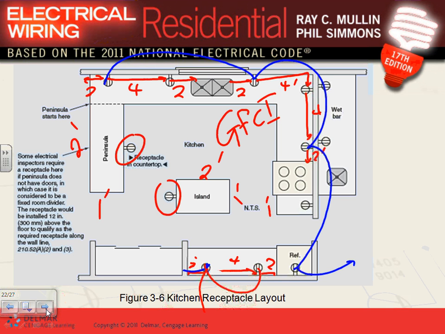I'm going to feed these 2, and then grab this, go back to this, go back to that one. So if you do it this way, do you want a GFCI on the fridge? No. So your first GFCI could be here. This one GFCI, everything else is protected, and this one GFCI, everything else is protected.